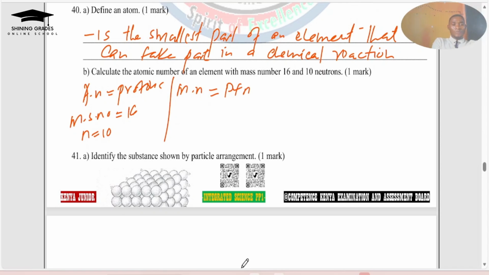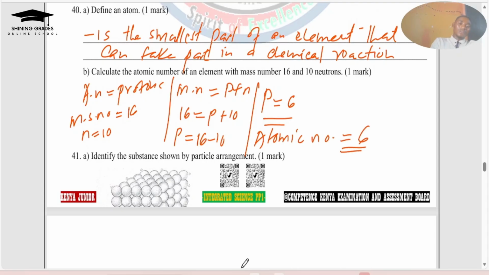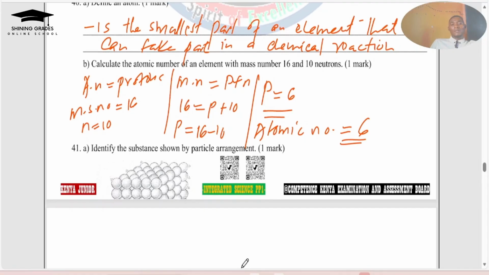So 16 equals protons, which we do not have, plus neutrons, which are 10. So protons will be 16 minus 10. So protons is equal to 6. So our atomic number is 6.